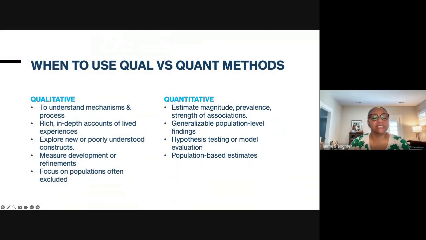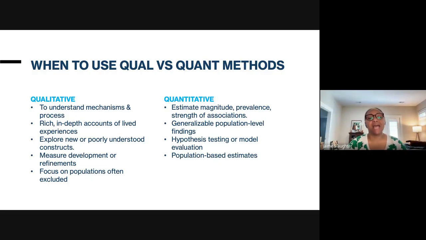So I'm not going to go through this slide completely. It's a summary of what I went over in terms of when to use qualitative versus quantitative methods. But I thought this is a really nice way to look at the uses, especially the first bullet under each of the different forms of methods, right? So in epidemiology, we're often thinking about the prevalence or the burden of a health condition.